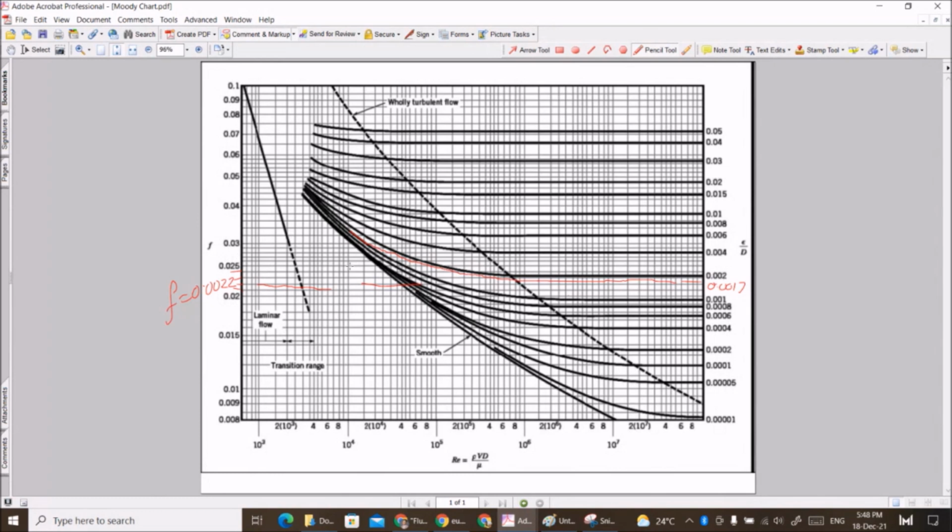So we'll go to 23. This is 21, 22, 23 from this line. It will cut here near about here, and we'll find the Reynolds number somewhere here.